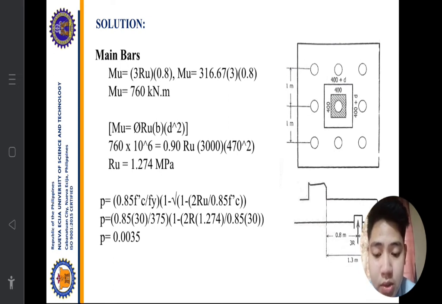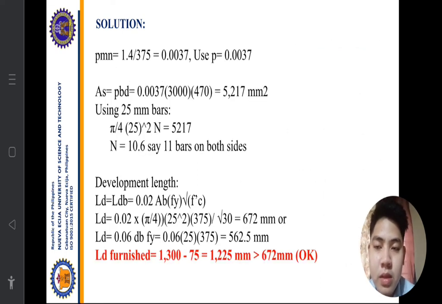Substituting all the values, we are going to get a value of rho of 0.0035. Our rho minimum is equivalent to 1.4 over 375. We are going to get a rho minimum of 0.0037.